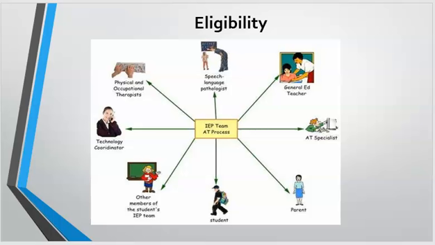All the recommendations will be based on the results of the full evaluation. The results of the evaluation are explained to all members in a way that they can understand clearly, especially the parents. The team members must be in agreement with all the recommendations in determining the eligibility, and everyone will sign the eligibility document during this meeting.